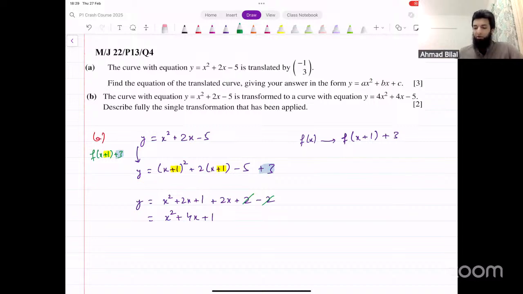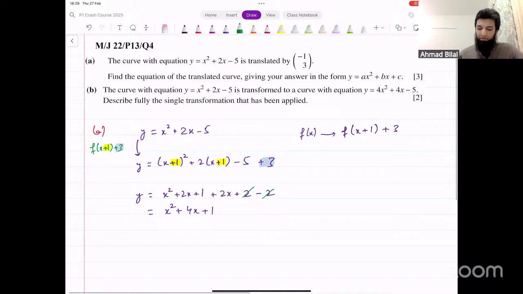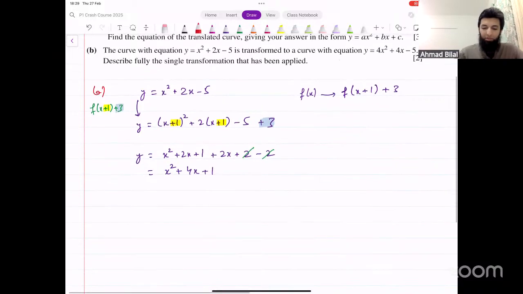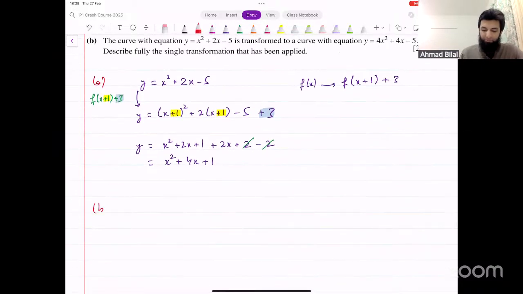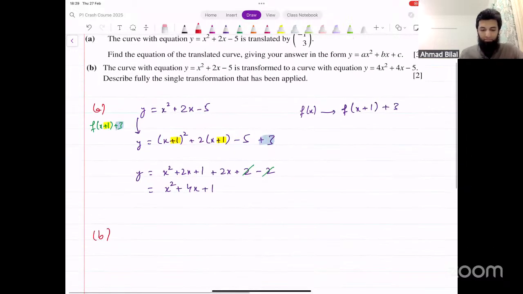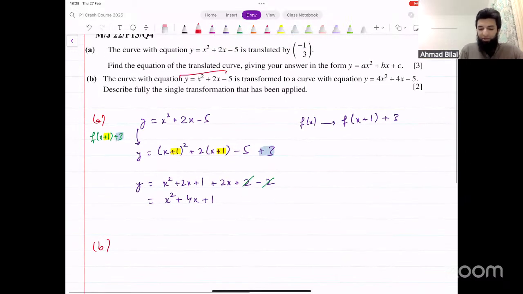Okay. All right. Now, what about the next one? Part B. The curve with this equation is transformed to a curve with this equation. Describe fully the single transformation that has been applied.